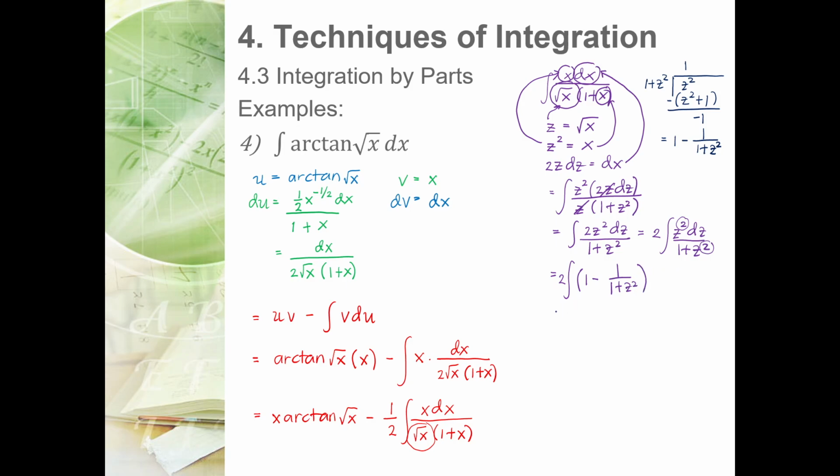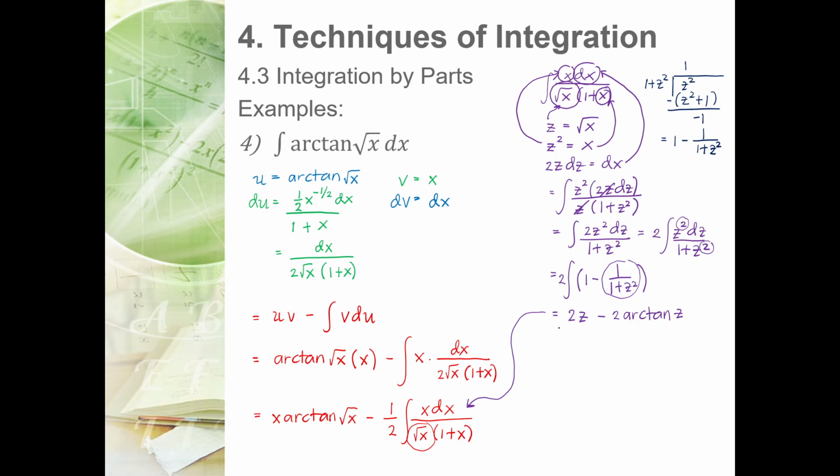So getting the integral, this becomes 2z minus 2, then looking at this format, the integral of 1 over 1 plus z squared is arctangent of z. Okay, so this one goes here. That's the answer of this integral.